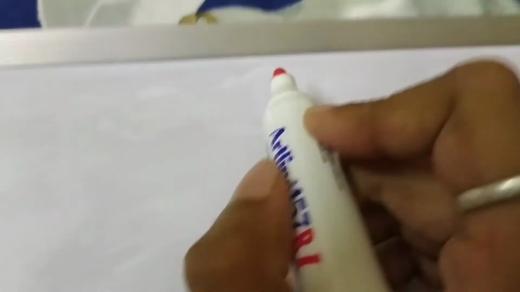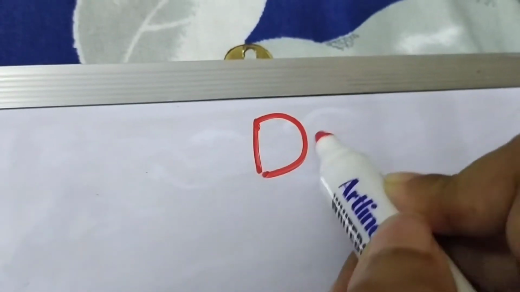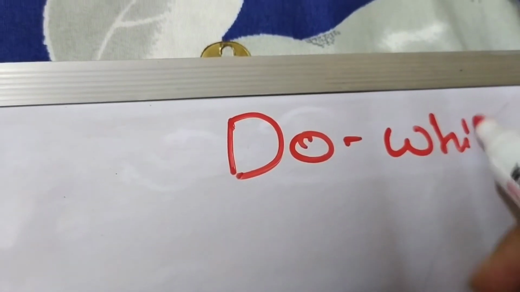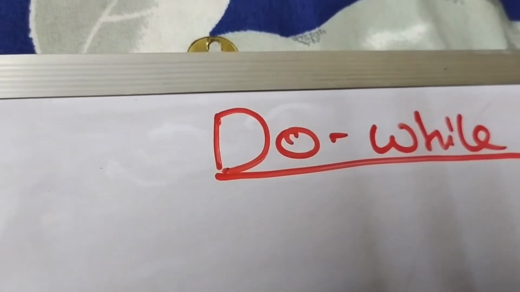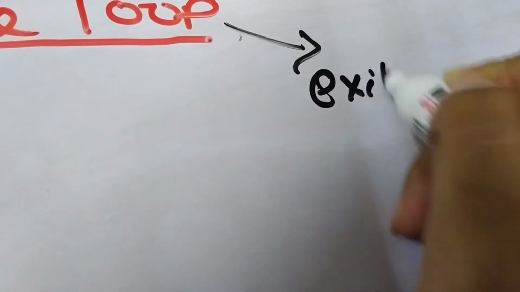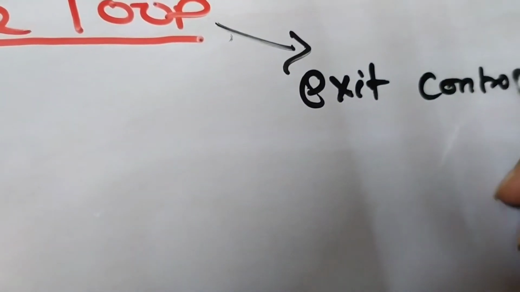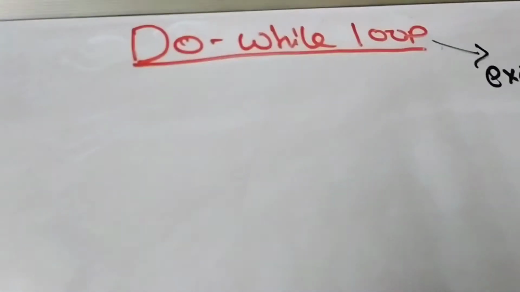So the first topic is the do while loop. It is an exit control loop. That means once we enter the loop, when to close the loop is controlled by the program.